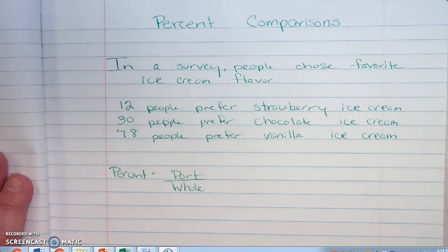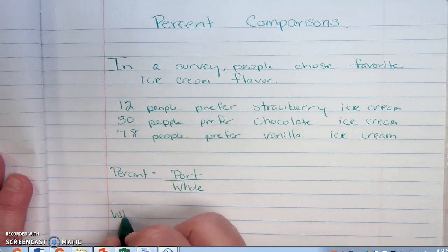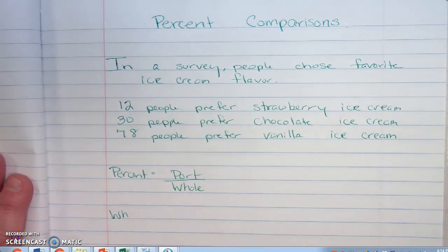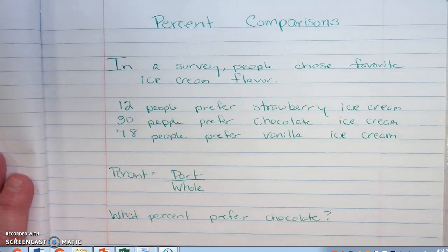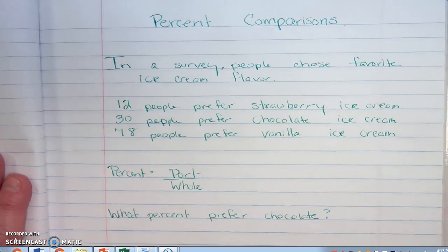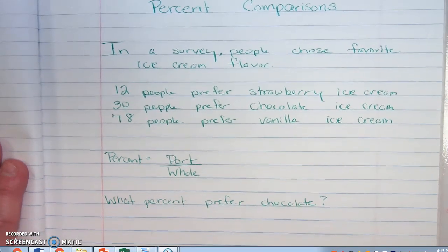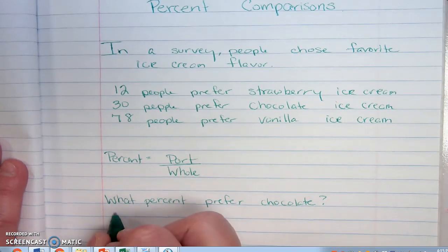If I wanted to know what percent of those people preferred chocolate, so I paused. You could pause to write that down. But if I wanted to find what percent prefer chocolate, to do that comparison, I would need to compare part to whole.